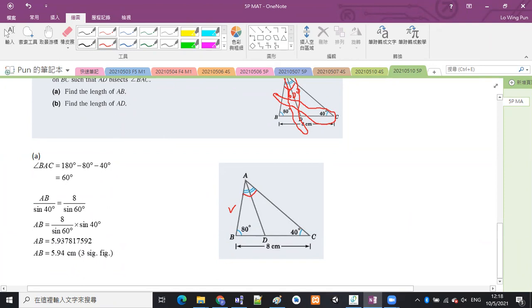And there's one more piece of information: these two blue angles are equal to each other. Did you notice this? Because the question says that AD bisects angle BAC. Bisect means cut the angle into two equal parts. So these two parts will be equal to each other, and each of them will be equal to half of 60 degrees. That is 30 degrees. Okay, so let us write this down first.